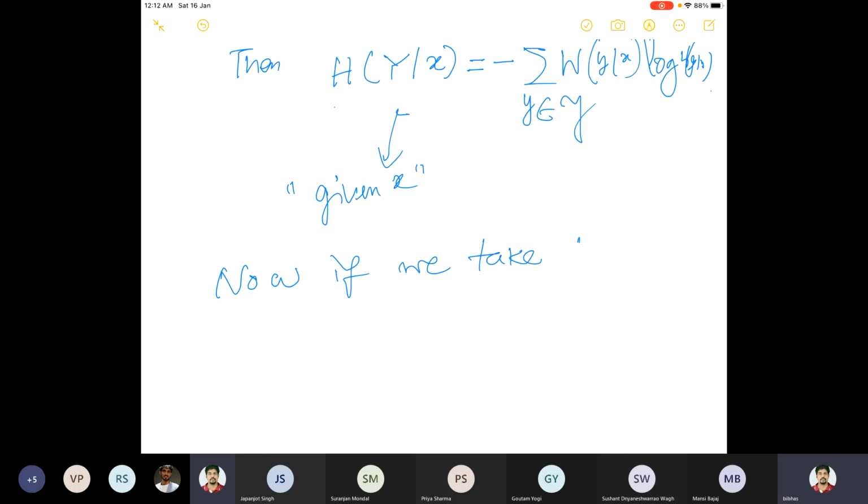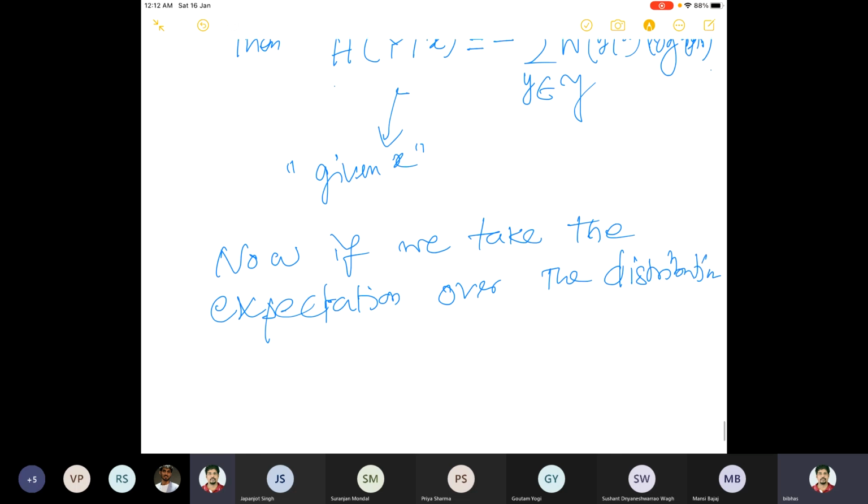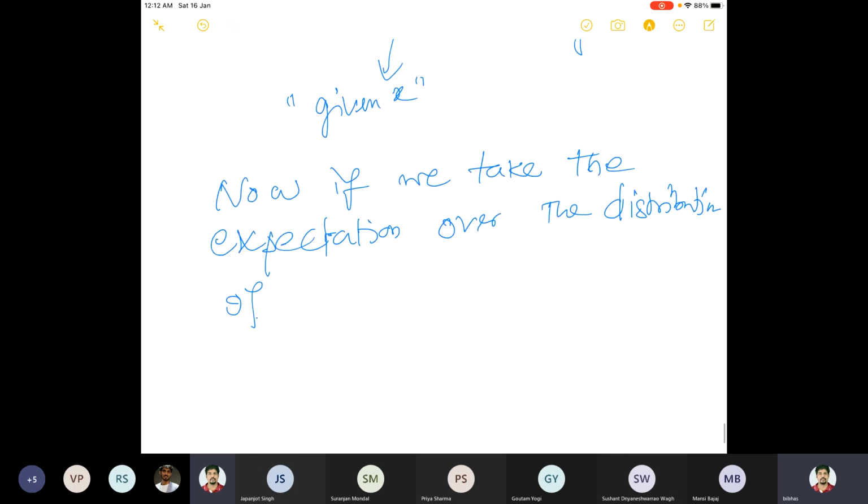If we take the expectation, the average, or expectation, because average is sometimes a confusing term, over the input distribution, over the distribution of x, then what happens?